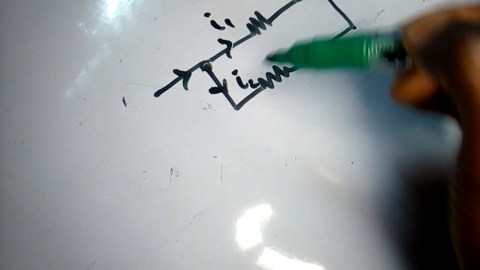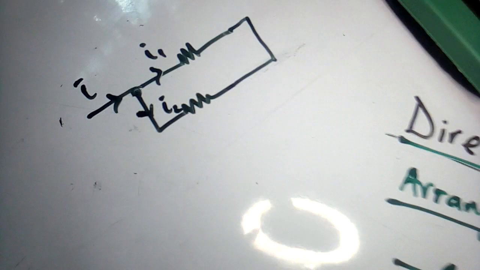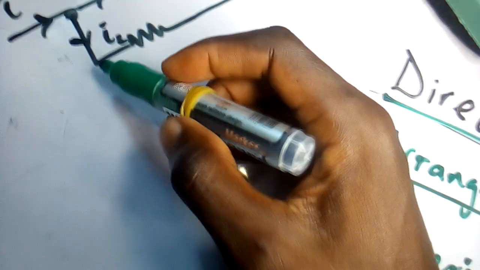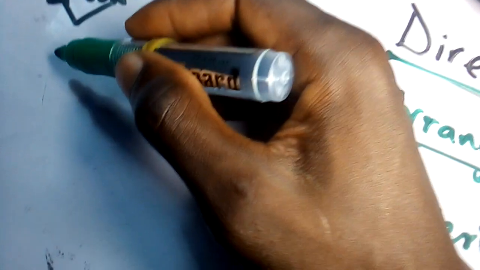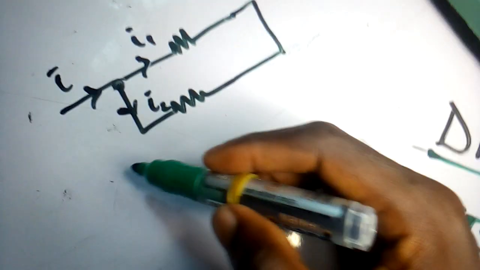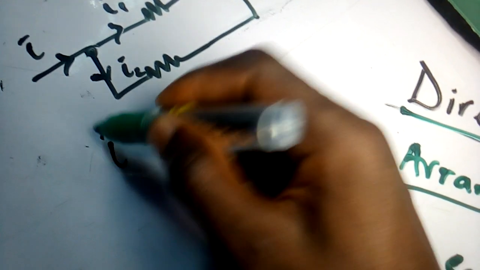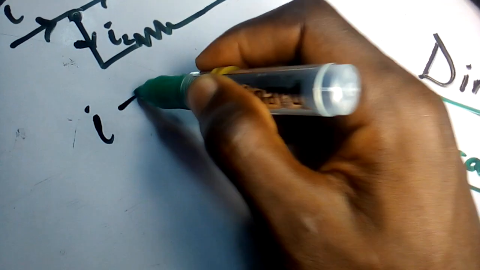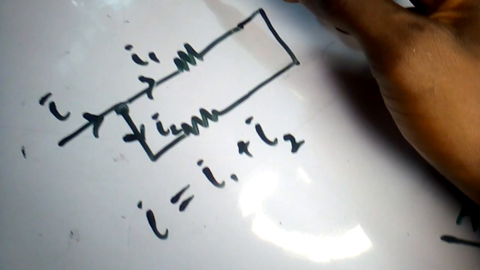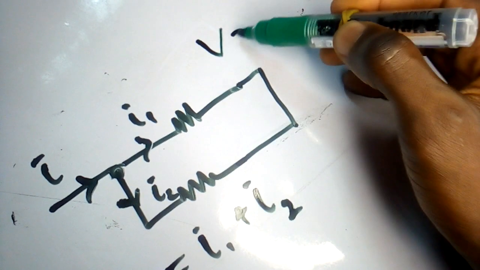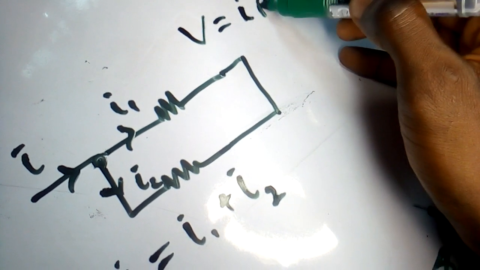So this is I1, I2, and this is I. Different currents flow through them, but they will have the same potential difference. So the total current I must be I1 plus I2.